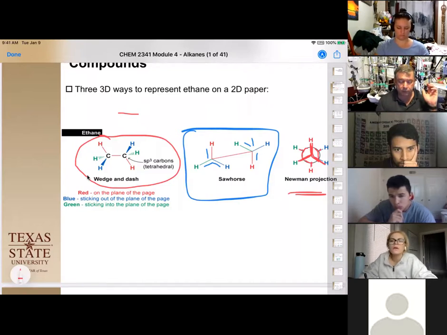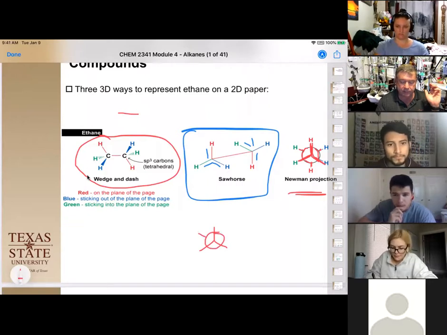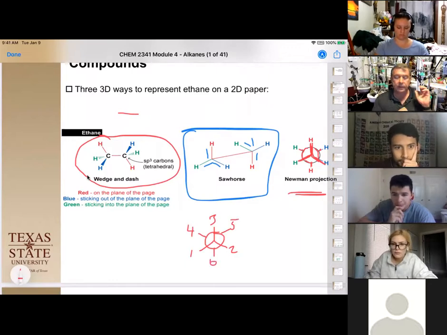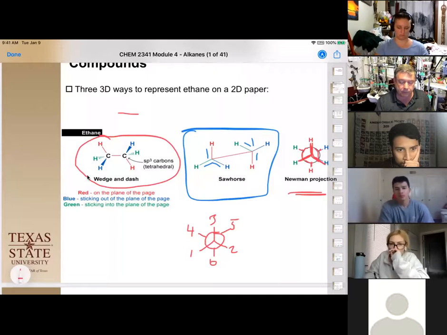Okay, when we do a Newman projection like this, it allows us to see the configuration of all the different groups. Okay, doesn't matter what the groups are. Now, in its lowest energy configuration, if all these numbers 1 through 6 are identical in size, they're going to want to be in this particular configuration. And the angle between this right here is 60 degrees.